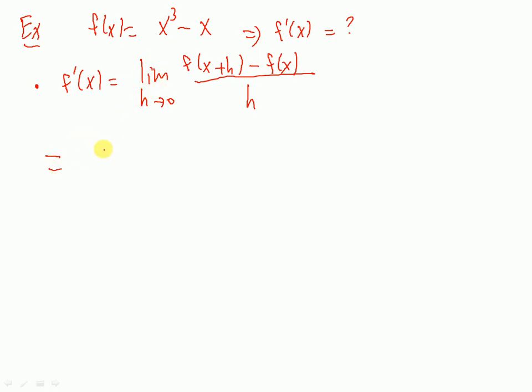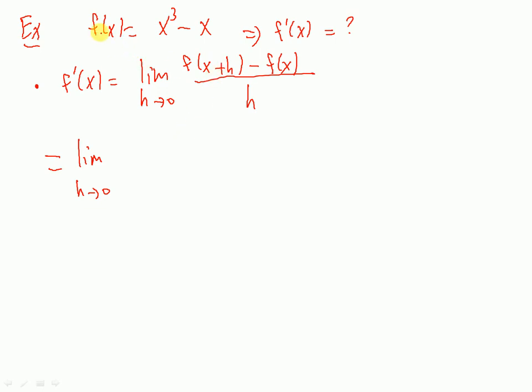So let's rewrite the limit here, h goes to 0. Now f of x plus h is a composite function. They give us the function f of x equals this thing, and now we want to find f of x plus h. So whenever you see the x here, just grab this whole thing and plug in.